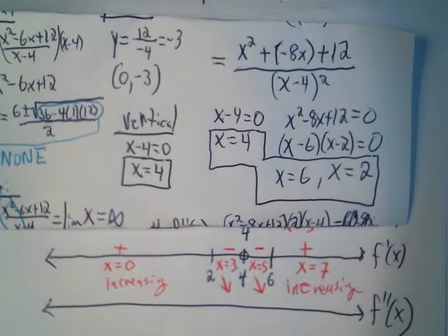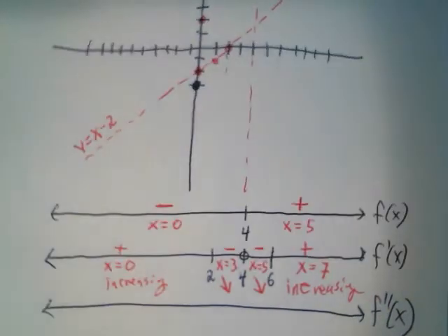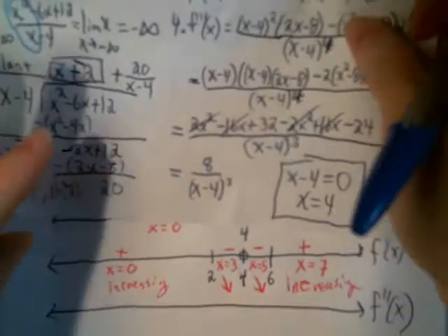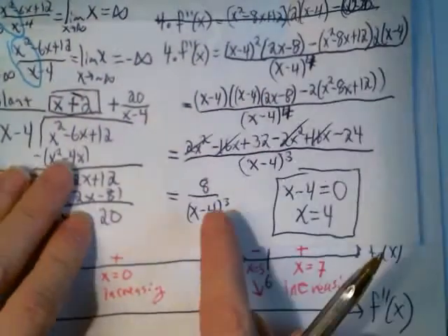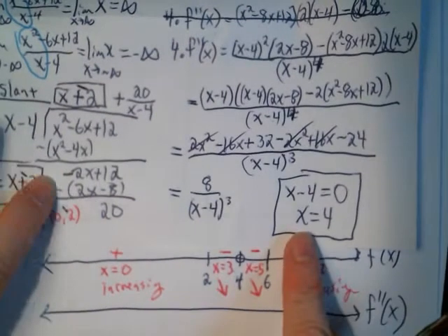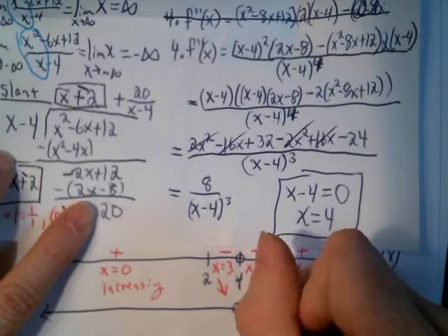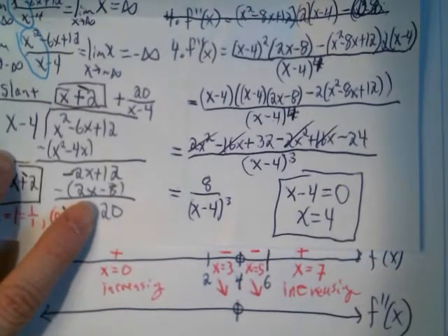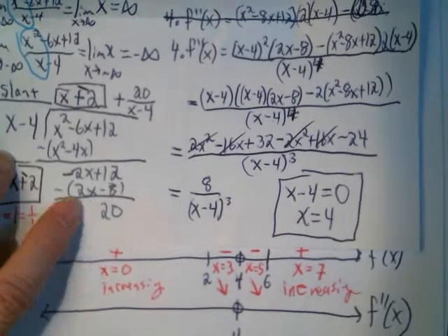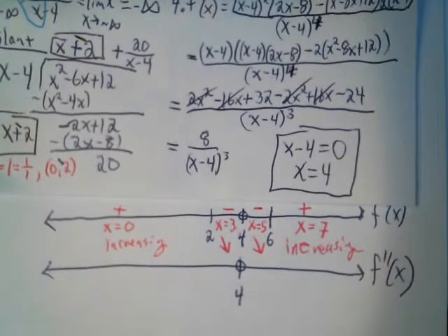Let's look at then the concavity, the second derivative. So we just have this one potential inflection point, but it's not an inflection point because the function is not defined there, at 4. So let's get the concavity and see if it's the same or maybe it changes over the discontinuity.